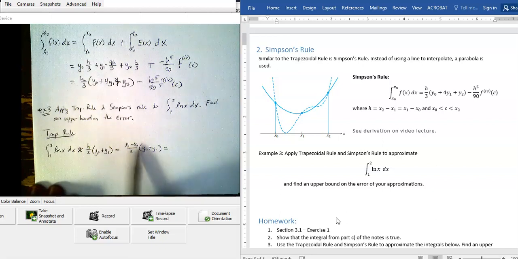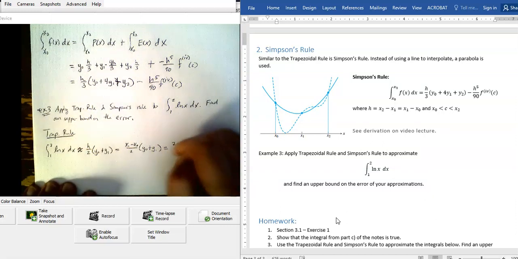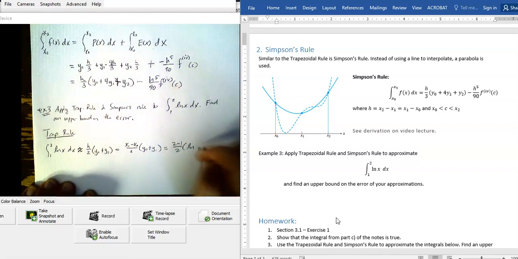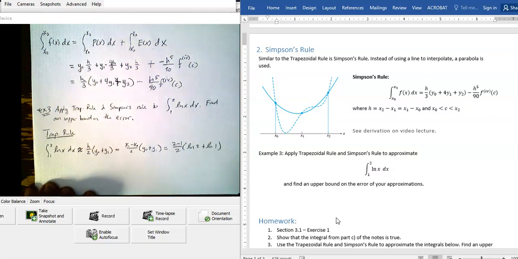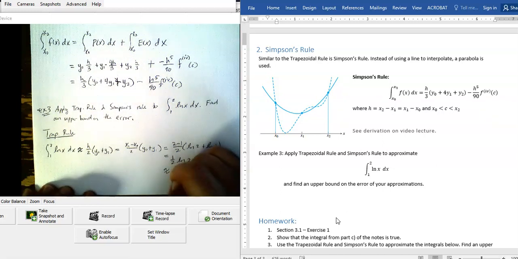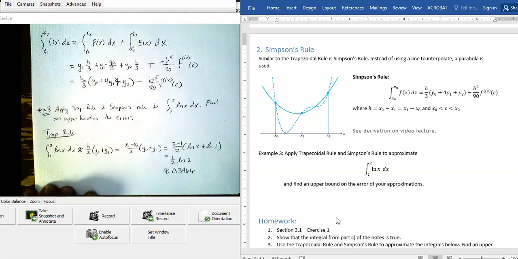So all we need to do is have the x values that we're concerned with, here and here, and then evaluate the function at both of those. So 2 minus 1 over 2 times the natural log of 2 plus the natural log of 1. 2 minus 1 is 1, so that's a half. Natural log of 2 plus natural log of 1, which is 0. So we get 1/2 times the natural log of 2, which is approximately equal to 0.3466. Okay.